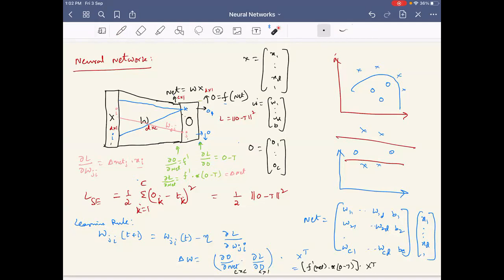Delta net j multiplied with xi will give me the update for the corresponding weight element.